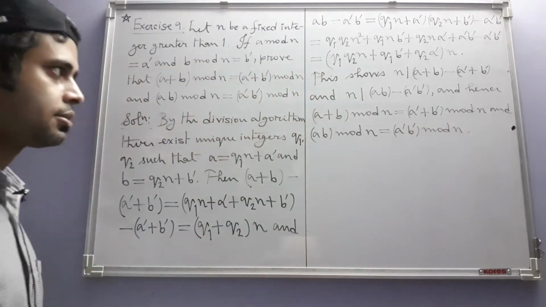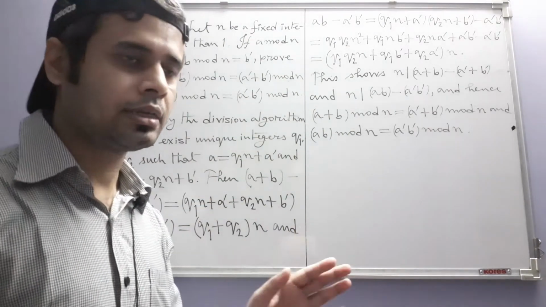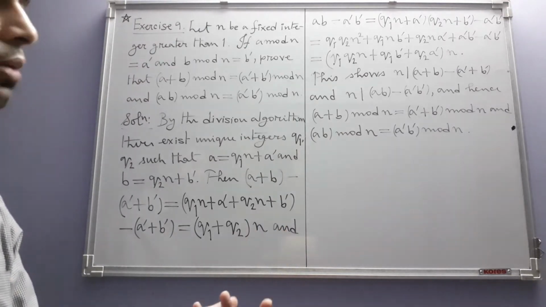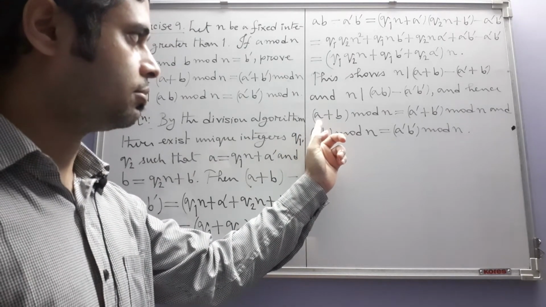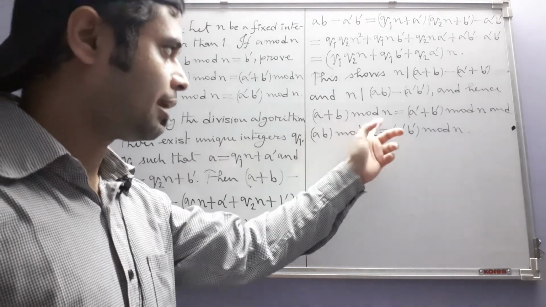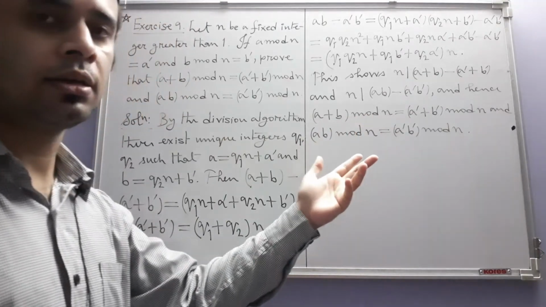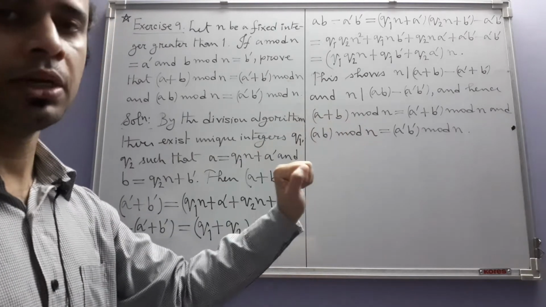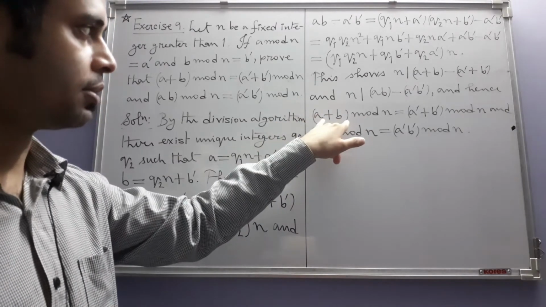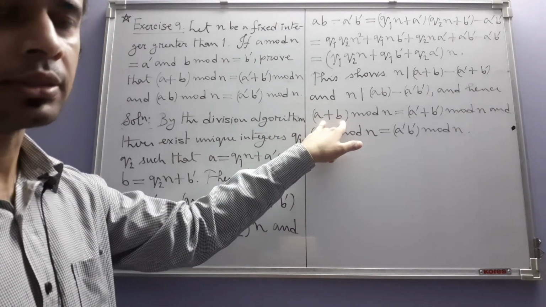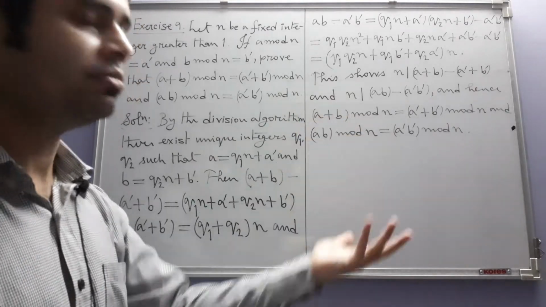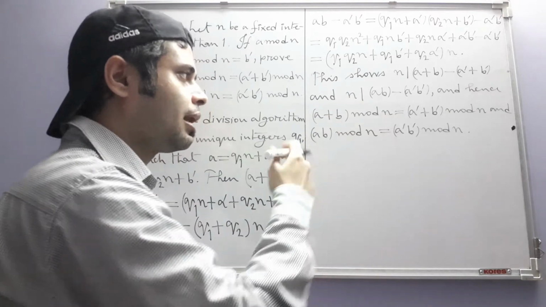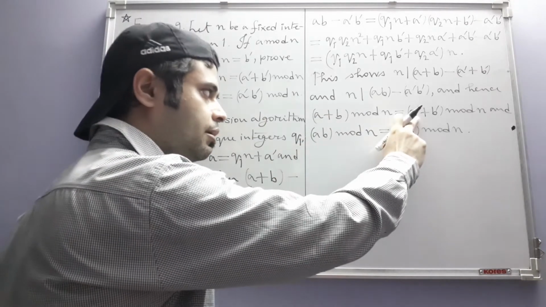So what this exercise tells us is that it gives us a way of simplifying our calculation. Suppose we want to calculate this, what remainder shall we get when we divide a plus b by n? Instead of performing the addition first, you can perform the divisions first. Divide a by n, collect the remainder, that remainder is a prime.